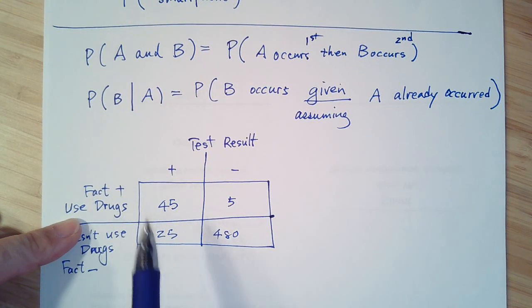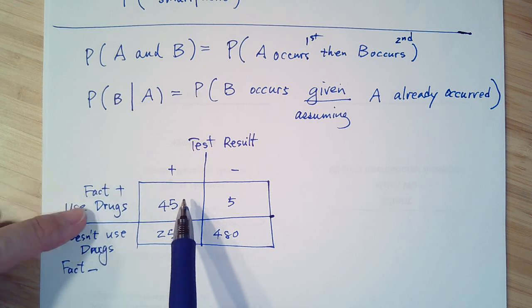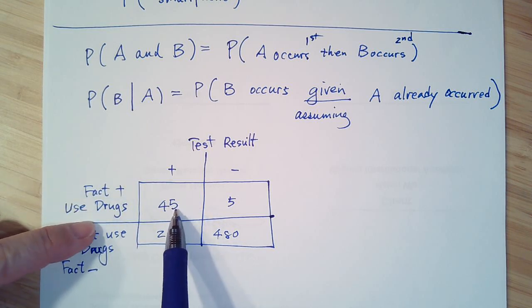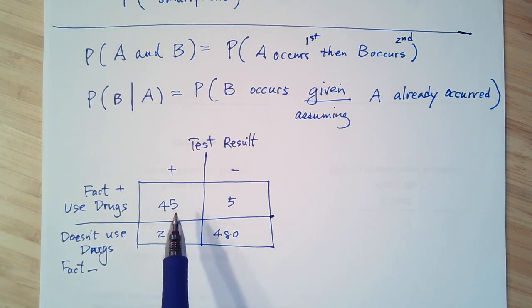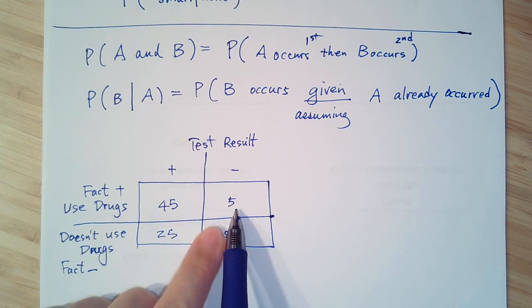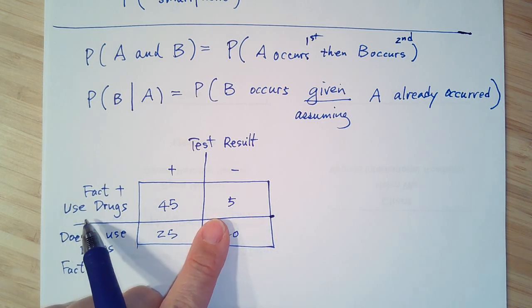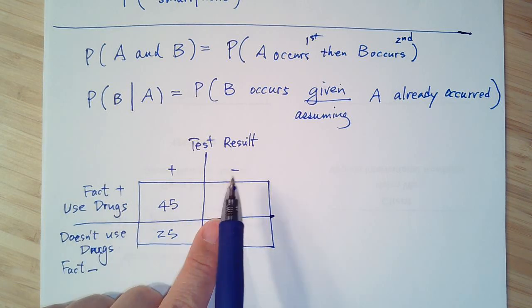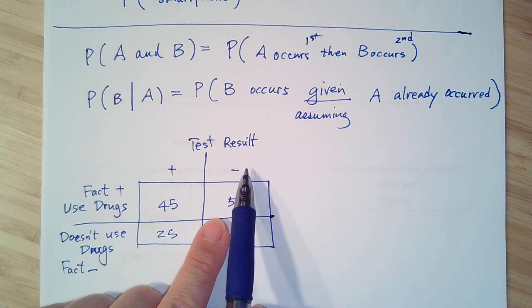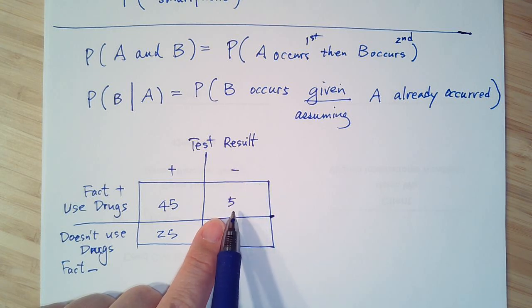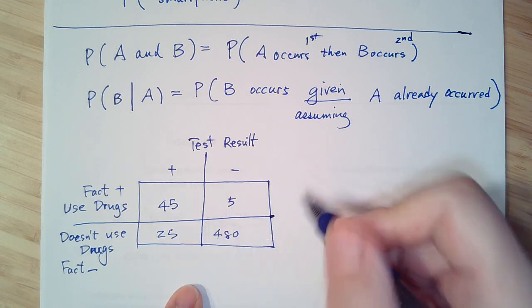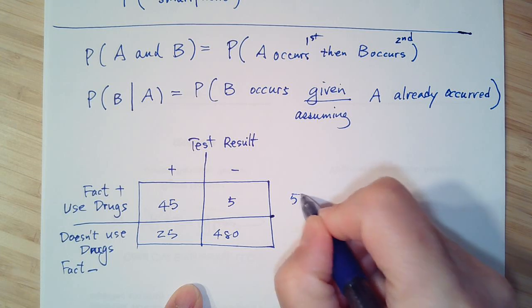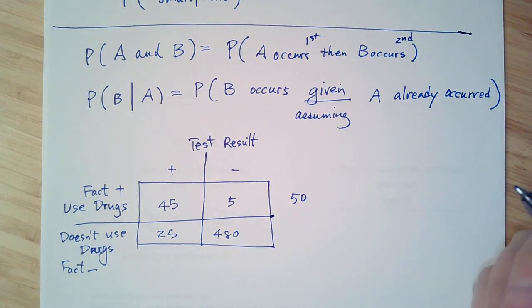It is, so 45 is correct. What happened to these 5 people? They are using drugs, but the test didn't find out. The test result came back negative. So those people kind of got away. So that's 5. I always put the total; I just like to do it.